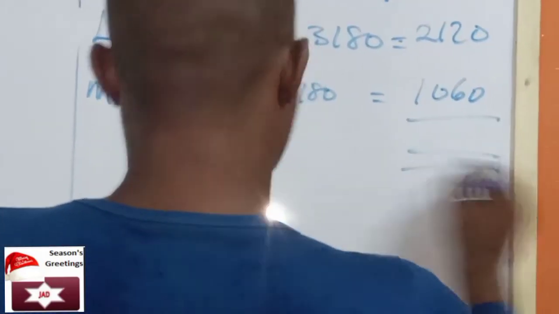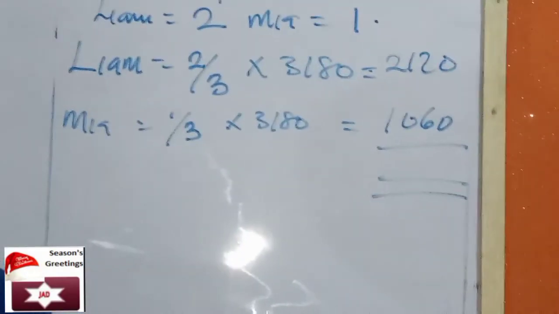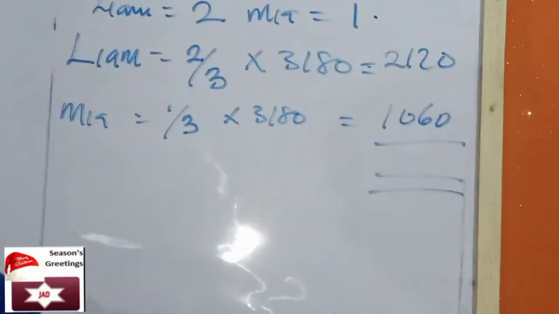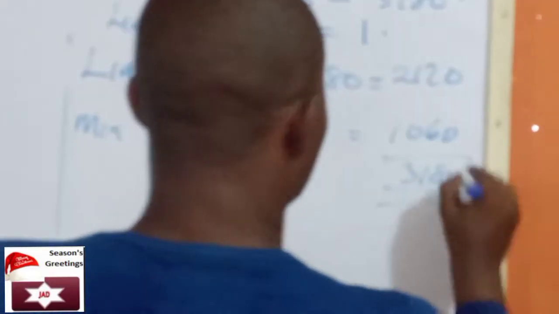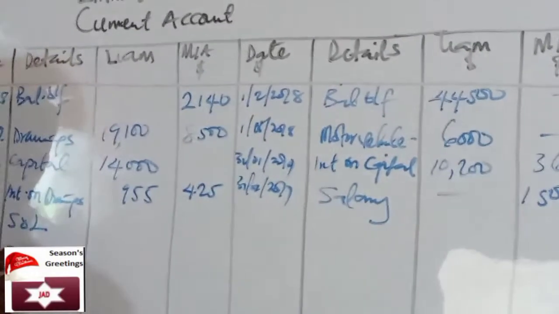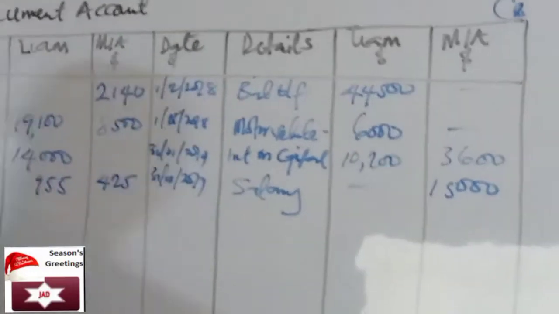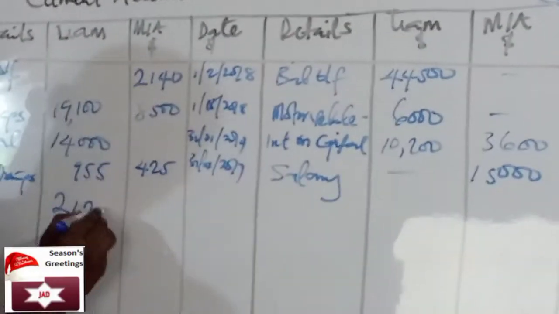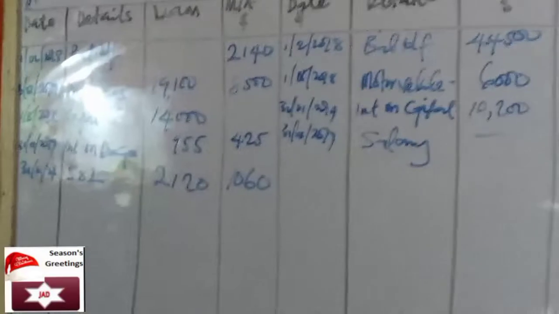So if we check, 1,060 plus 2,120 is 3,180. So the loss apportioned is the share of loss, which is a debit in the account. Liam is 2,120 and Mia is 1,060. That's all according to the question.